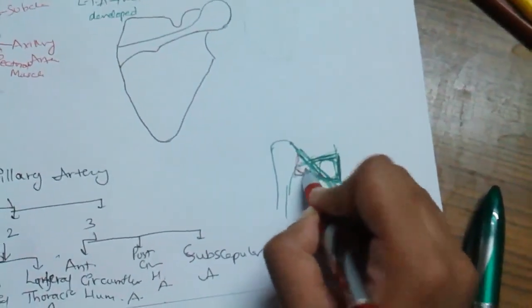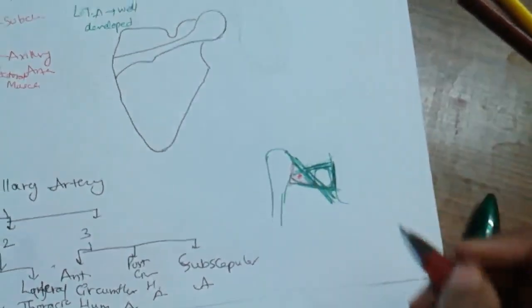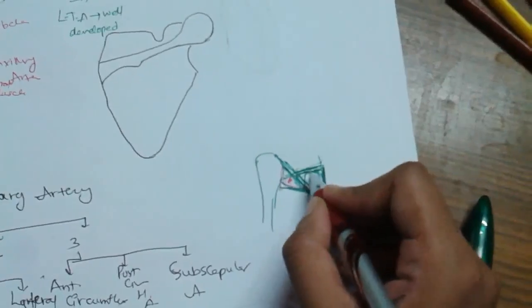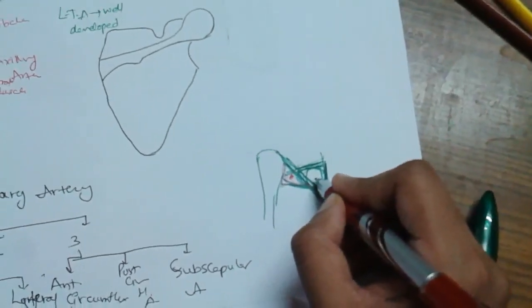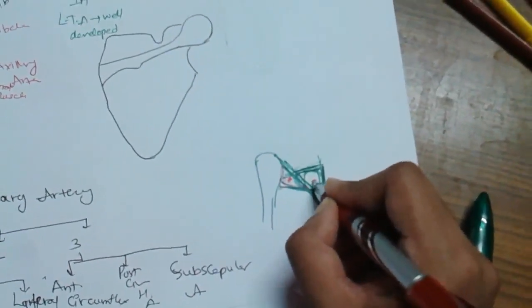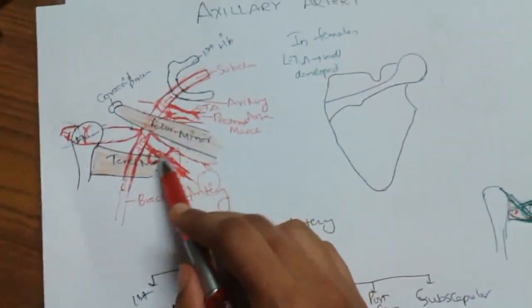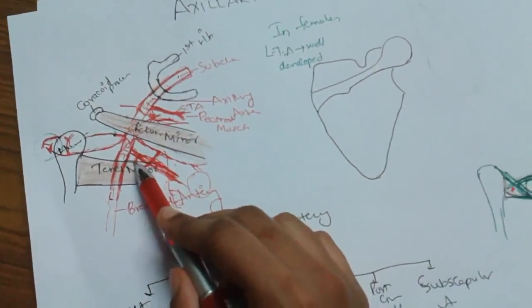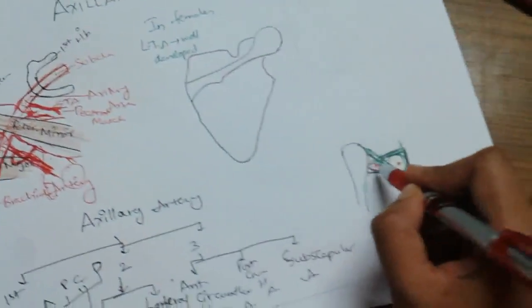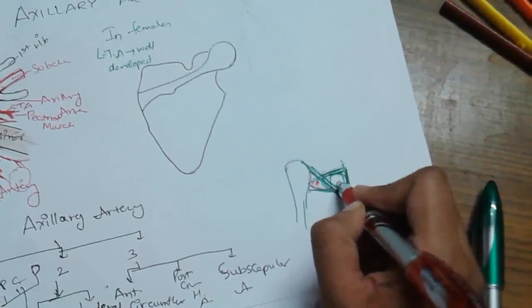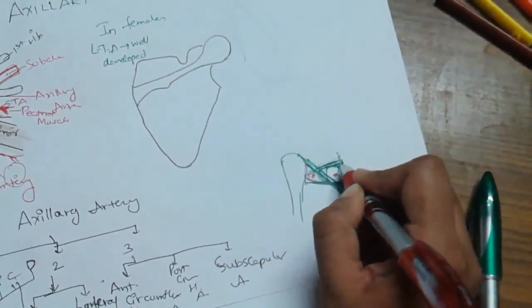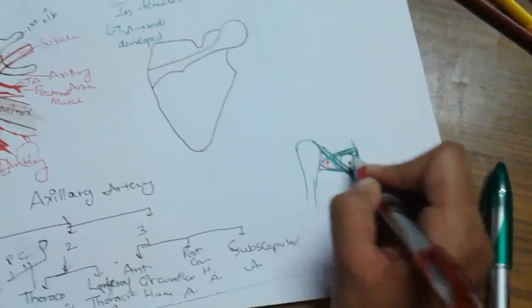The circumflex scapular artery passes through the upper triangular space, and the posterior circumflex humeral artery passes through the quadrangular space.